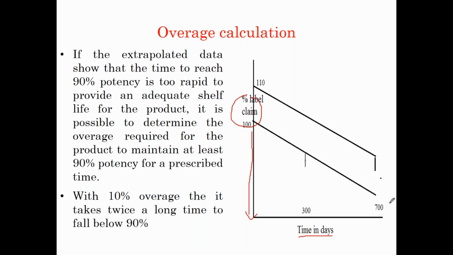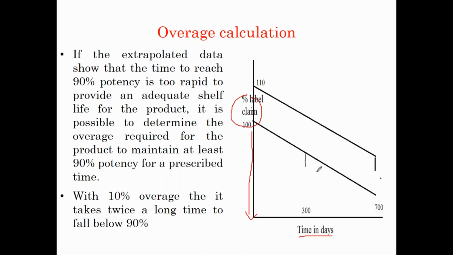So how do they calculate the overage? Now they know that there is a 10% loss, so they want to add 10% more. How did they decide this 10%? Now I'm telling you from my side it is 10%, but how did they decide it? This 100% drug, that is 100 mg, is degrading such that almost 50% is degraded in 300 days.